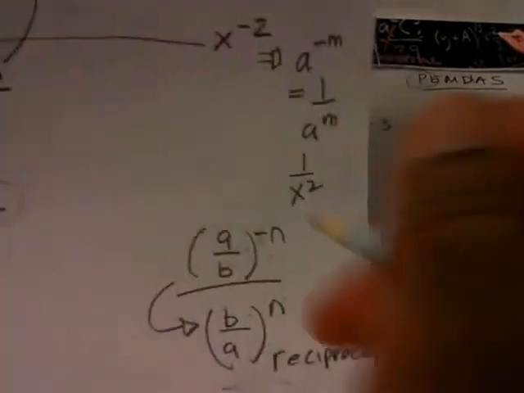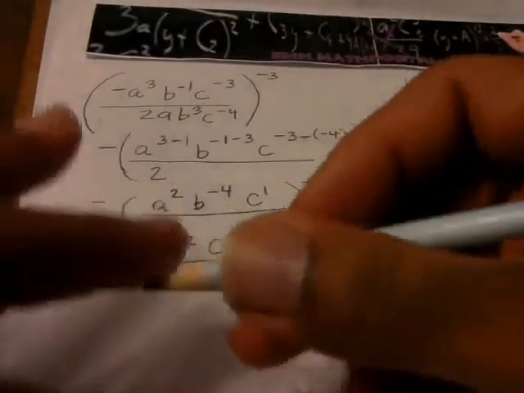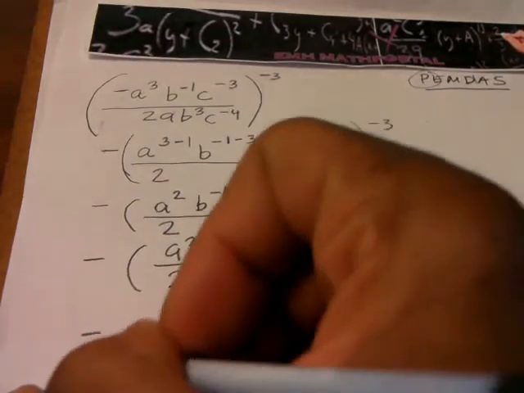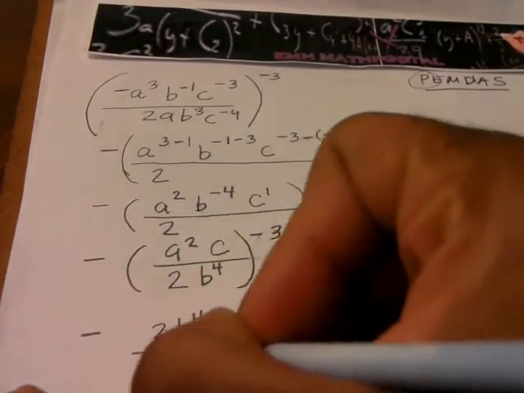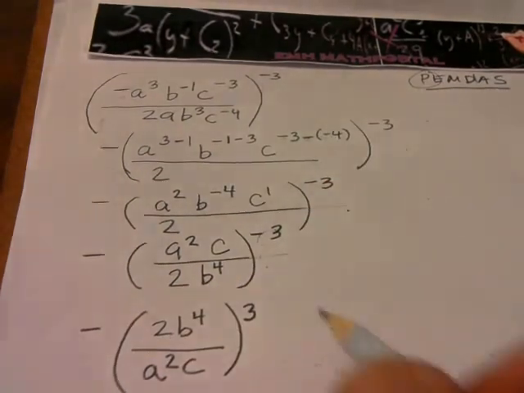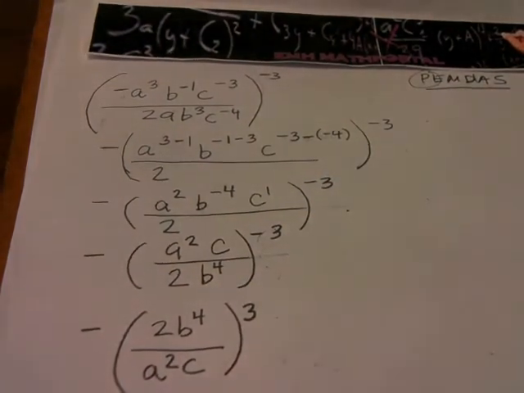We're going to flip it. So we have the negative. This becomes 2b as the numerator, and then a squared c raised to the power of 3. And it becomes positive.